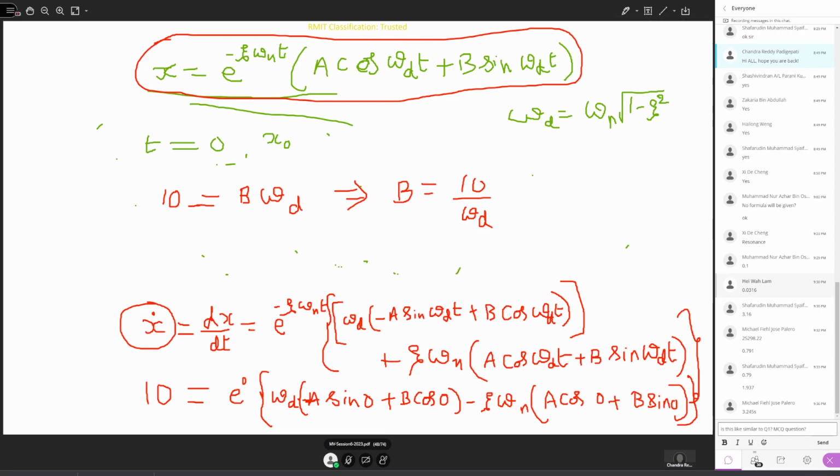So that is the fifth part of the question. You can give the response once you substitute the A value and B value in the equation.